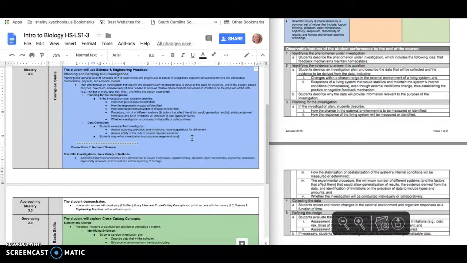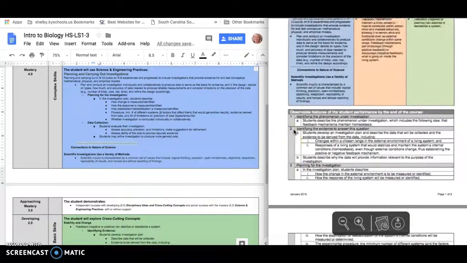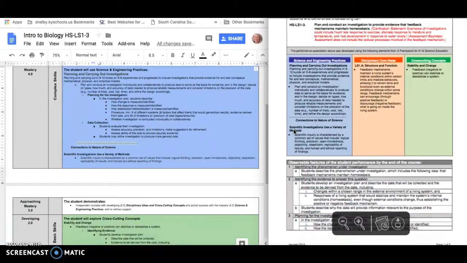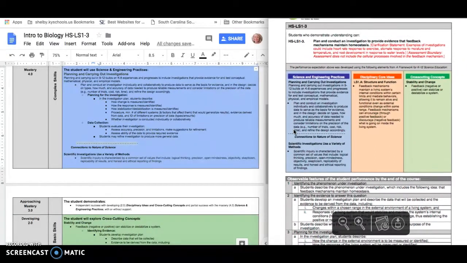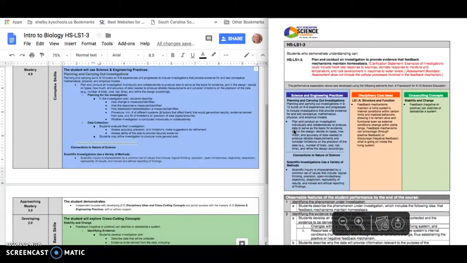That's then where I see it going. So carrying out the investigation is that collection of data. Anyway, that's my thinking on it.